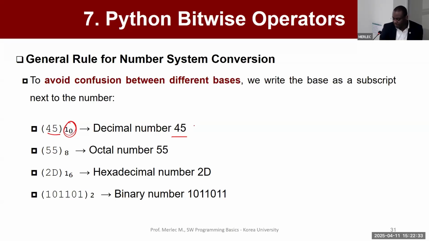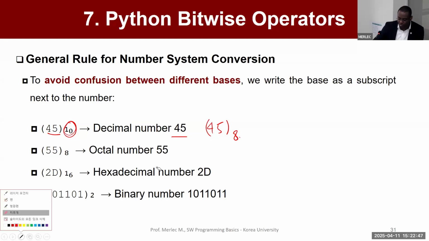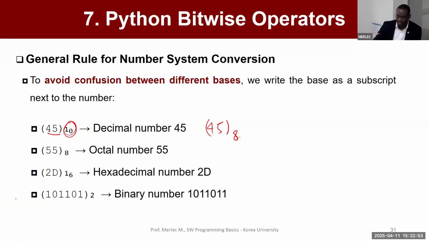But this is different from 45, for example, in base 8. The value will not be the same. So to avoid confusion, most of the time we have to provide the numerical system in which we are operating. We have to tell the computer as well to identify that. By default, we are operating in a decimal system.